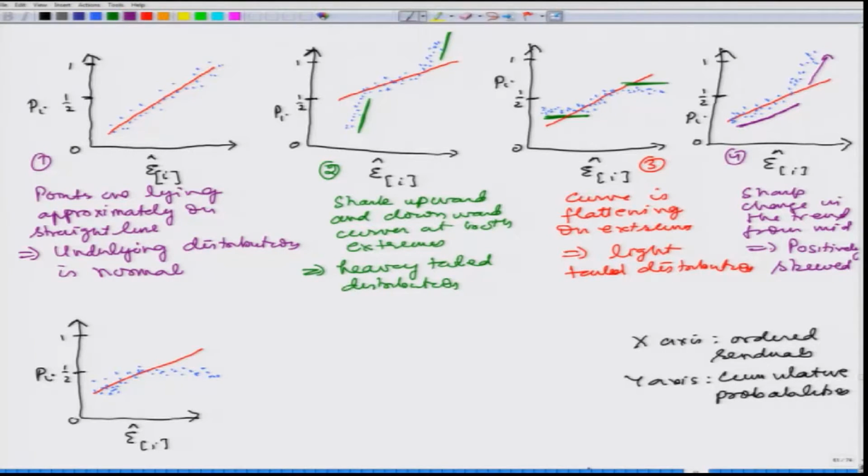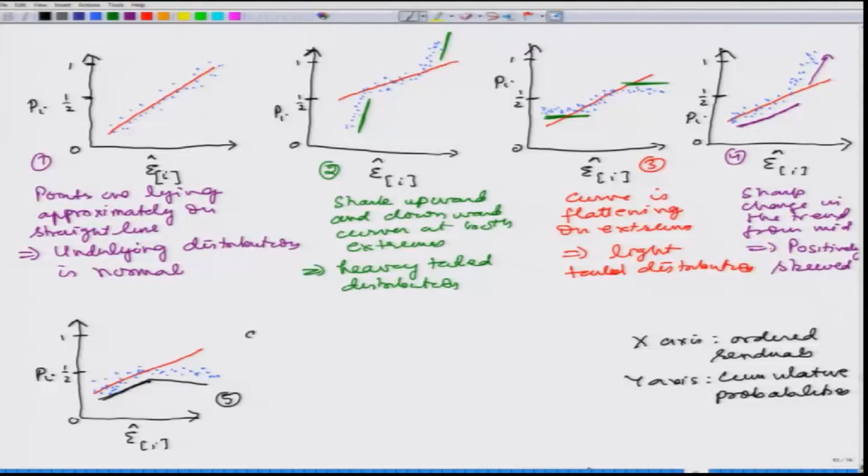And similarly in figure number 5, one can observe that the points are initially lying close to the straight line, and suddenly there is a sharp change in the trend from the mid, but in the downward direction.